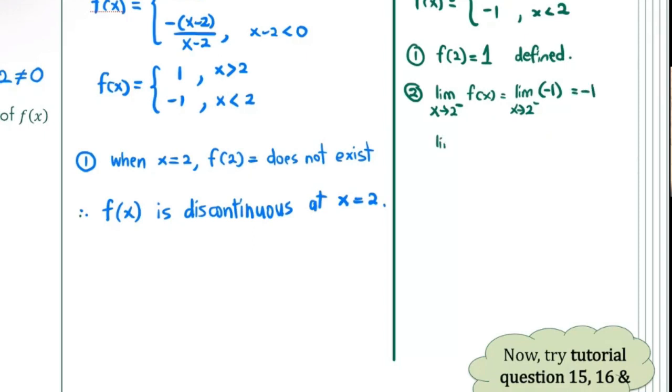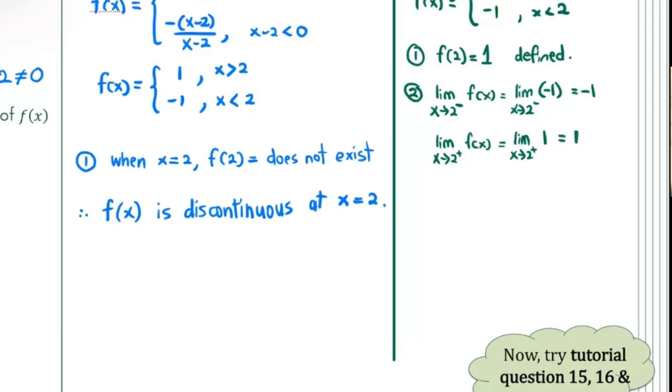And then limit untuk x approaching 2 from the right of f(x). So kita gunakan function yang greater than 2, this one. So value dia adalah 1.